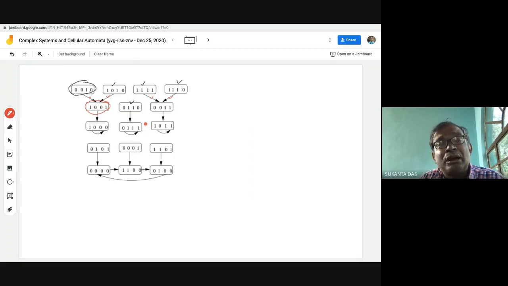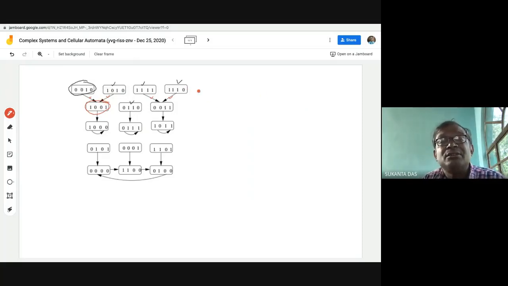It's interesting here. If you have some non-reachable configurations like this, then you'll have many-to-one mapping. You may not find this in the case of classical CA.